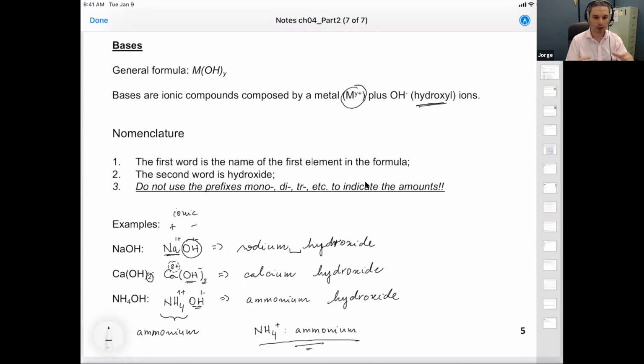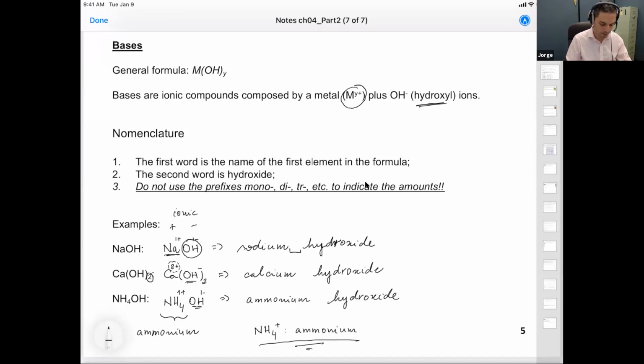Okay, so I showed you the general formula of bases, showed you that these are ionic compounds, and how to name them. When writing the formula of a base, be careful with the charges. You need to represent the charges and you need to cross them.